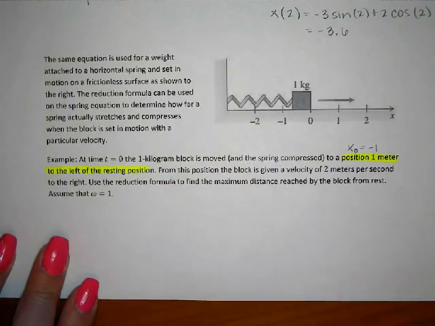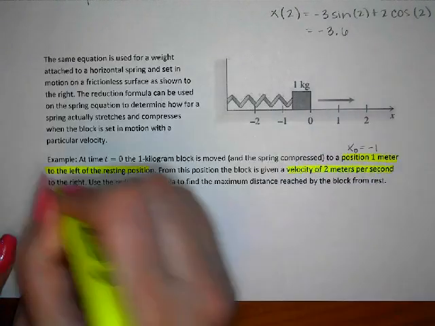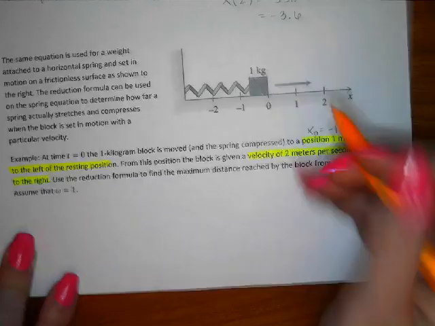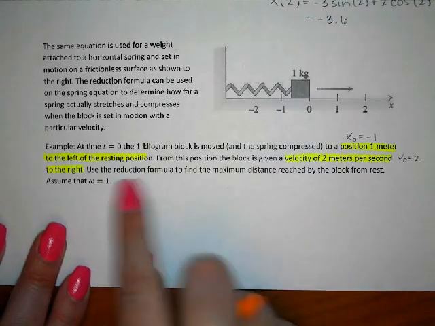Okay, velocity of 2 meters per second. We're going to use the reduction formula to find the maximum distance reached by the block from rest, and we're going to assume that omega is 1. So I'm going to use the same formula.